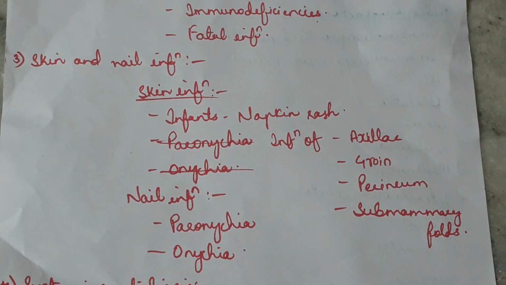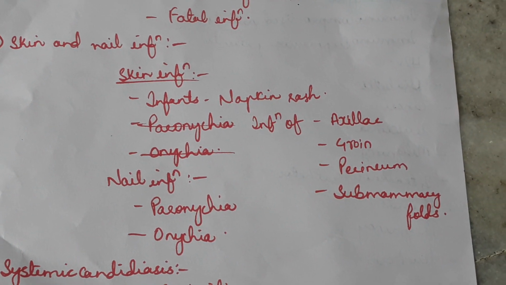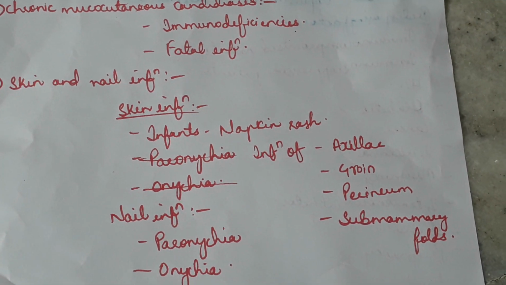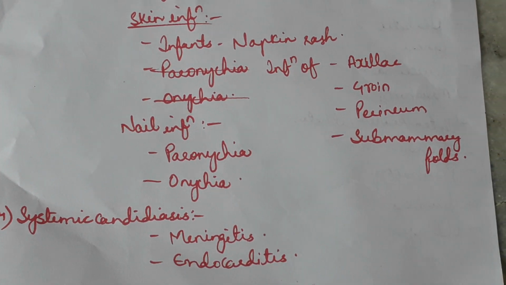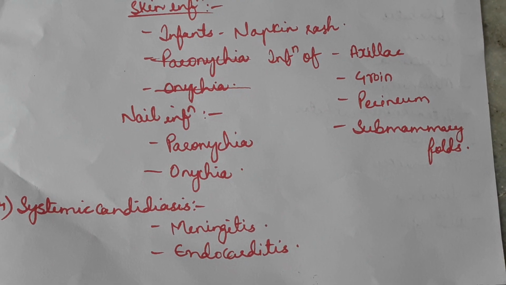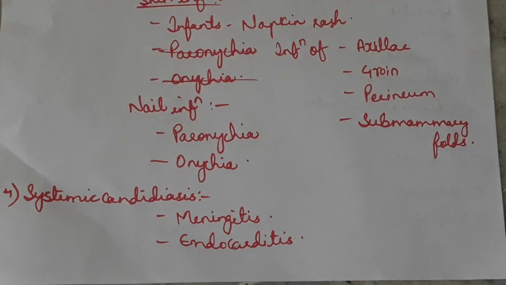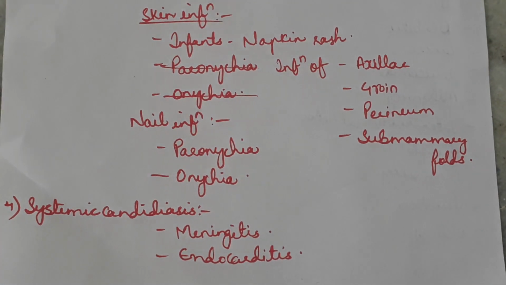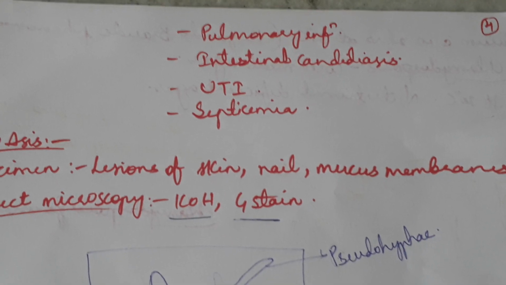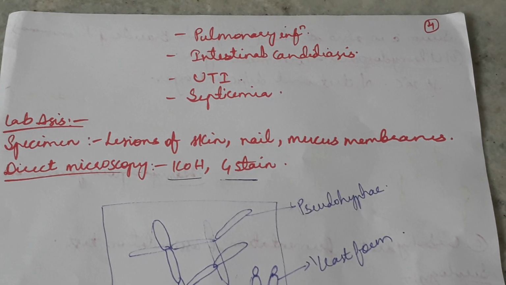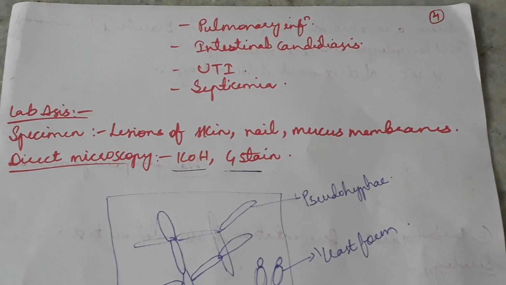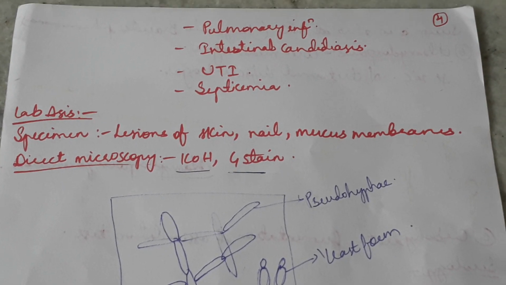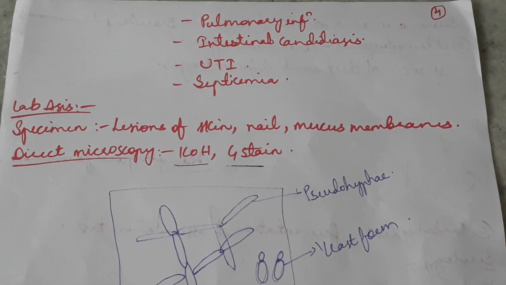Skin infection affects axillae, groin, perineum and submammary folds, whereas nail infection is paronychia and onychia. Systemic candidiasis includes meningitis, endocarditis, intestinal candidiasis, urinary tract infection and septicemia. Next we will see lab diagnosis.